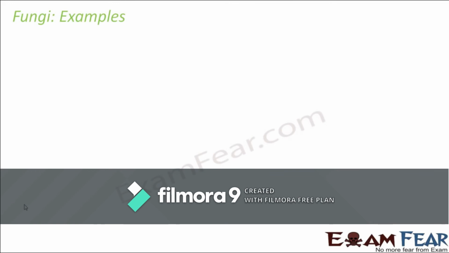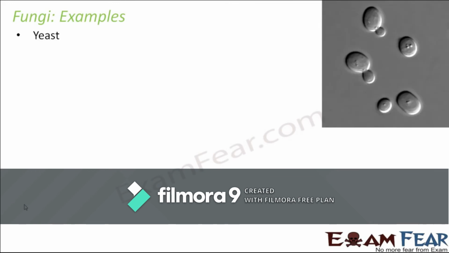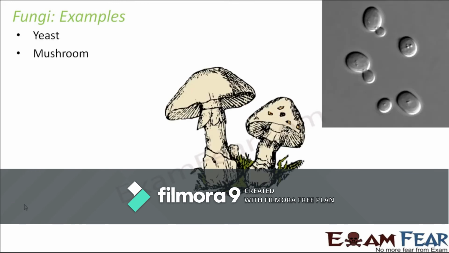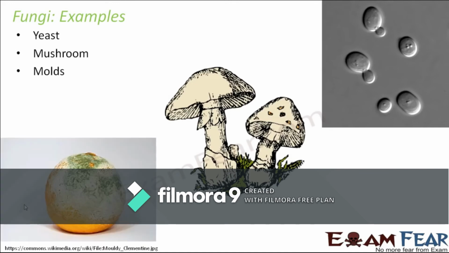So let us look at some examples of fungi. Yeast is a very common example of fungi. Mushroom is another example, and molds are another example of fungi. So these are the three most common examples of fungi. Now let me tell you where you would have encountered each of these. If you talk about molds, you would have seen them the way you are seeing them on the screen.